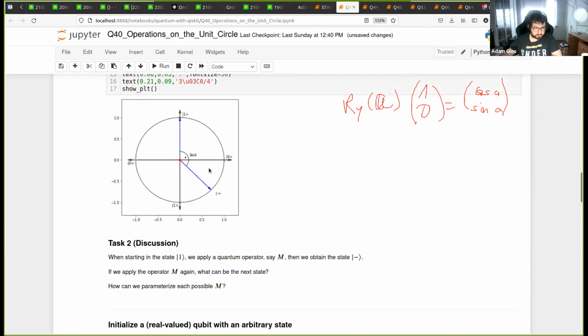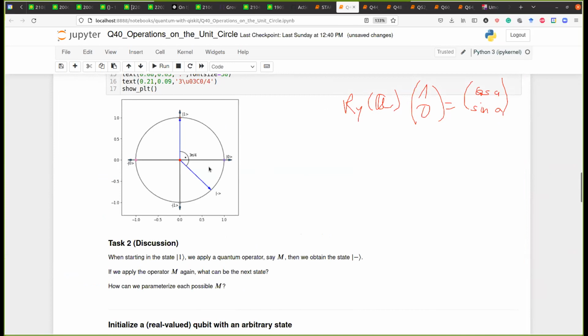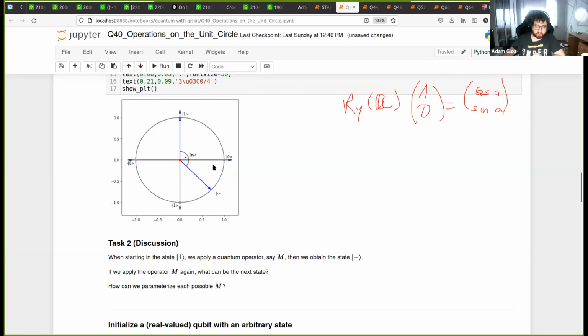To be more exact, these quantum states are not lying on a circle, but on the surface of a ball. And because we are making rotations on this ball, this is where the Y also comes from.